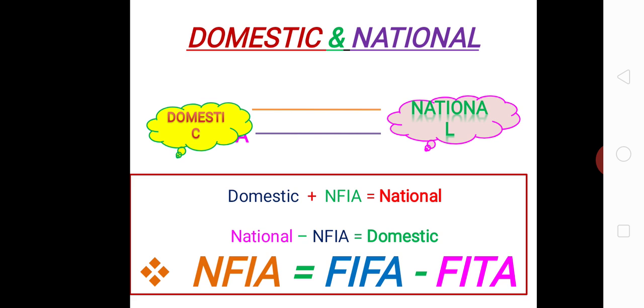NNP, net national product, minus NFI is equal to NDP, net domestic product. So domestic plus NFI is equal to national, national minus NFI is equal to domestic.